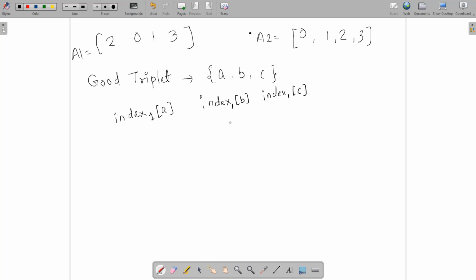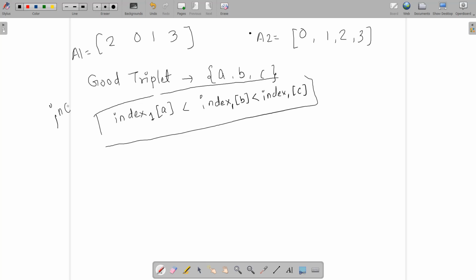Okay, so the definition says that the triplet ABC is good if the indexes where these values are present must follow an increasing order pattern. You can see this is actually the increasing order pattern, right? So this should be increasing.